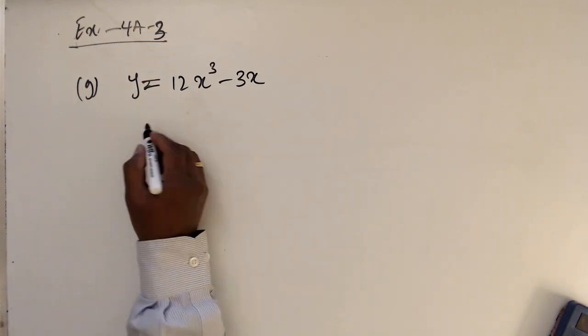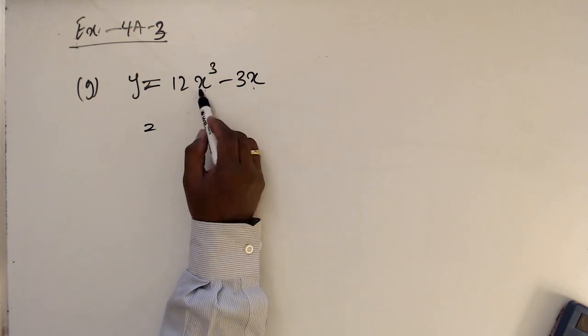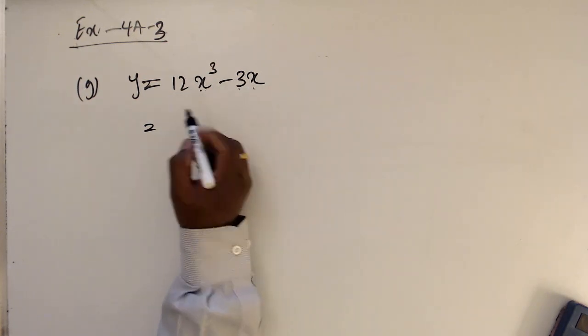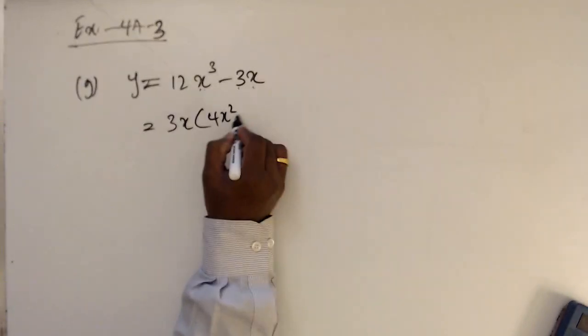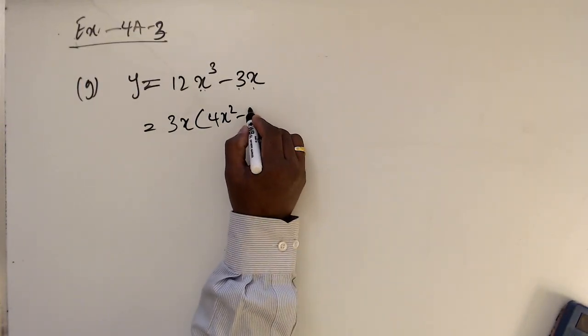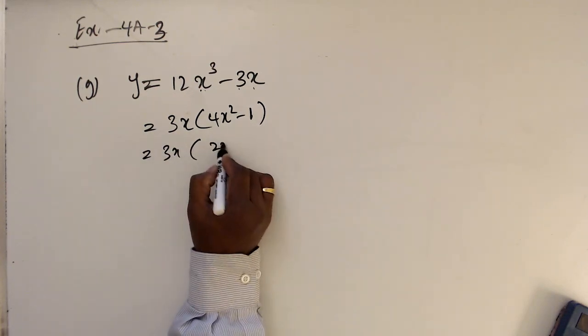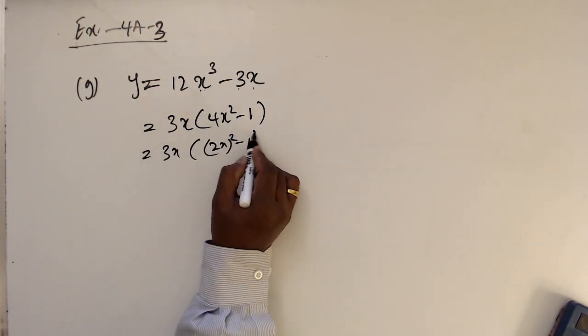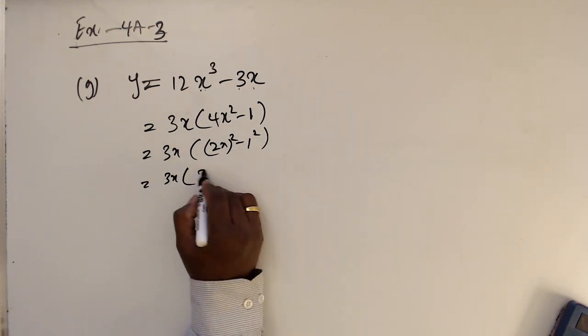Let's work with the next one. I can see x is common and I can take 3 out as well. 3x, when I take it out, leaves 4x² − 1. Then 3x(2x − 1)(2x + 1), using the difference of two squares.